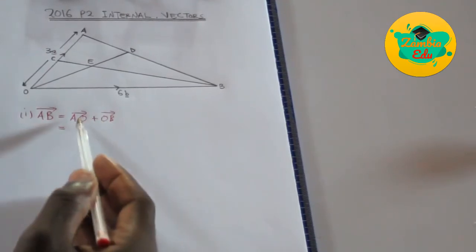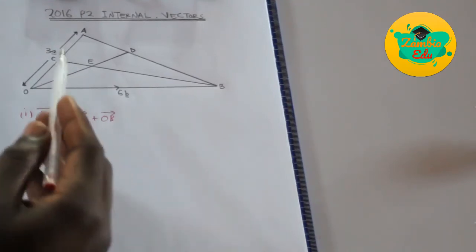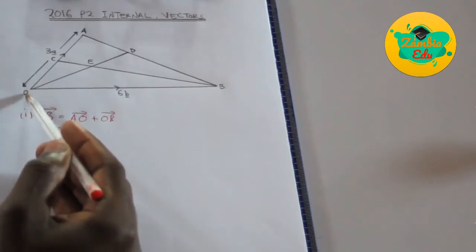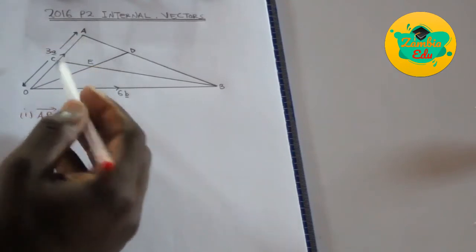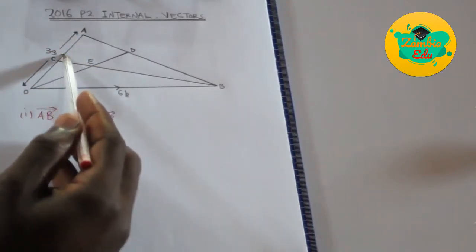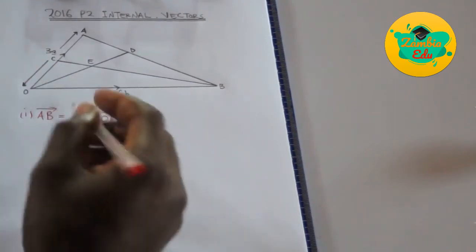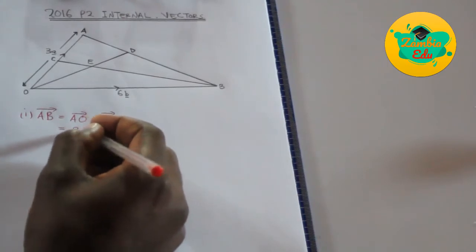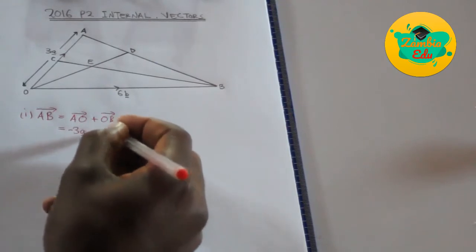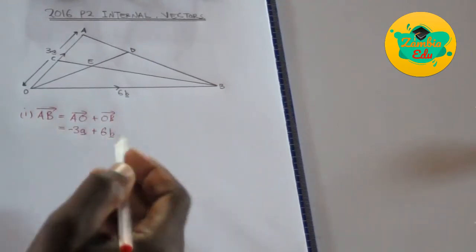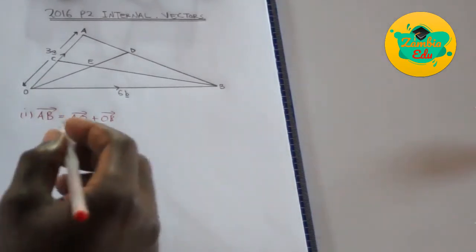No. In this particular case, 3A was the value of starting from O going to A. Now when we say AO, we are moving from A going to O, opposing the direction of that arrow. Therefore, our value there becomes a negative. So we have minus 3A plus our OB being 6B. 6B is maintained positive because we've followed the direction of the arrow.